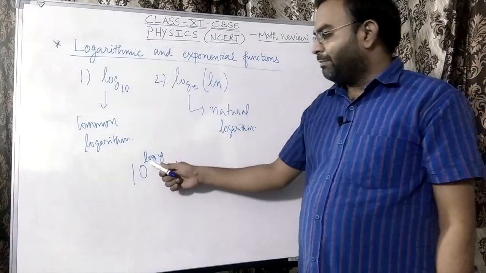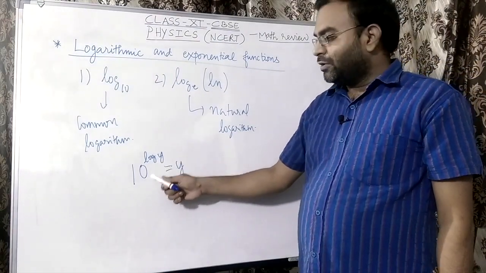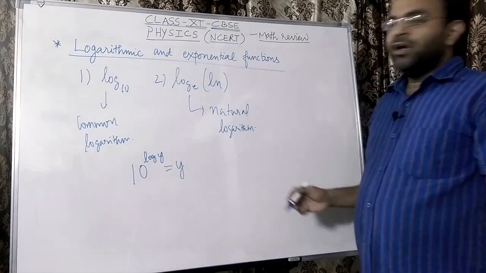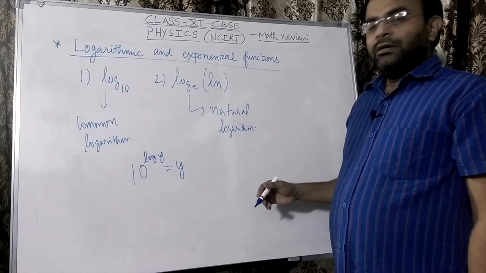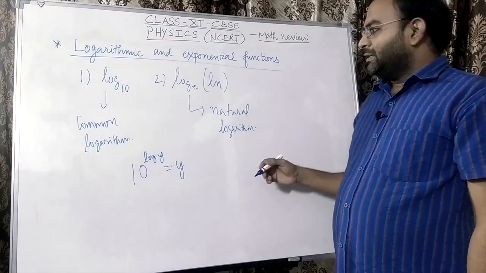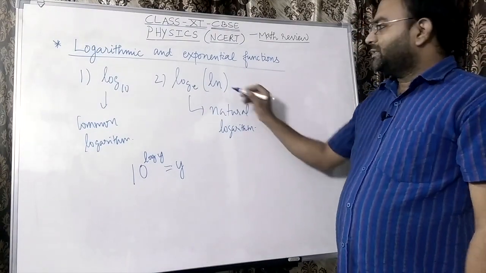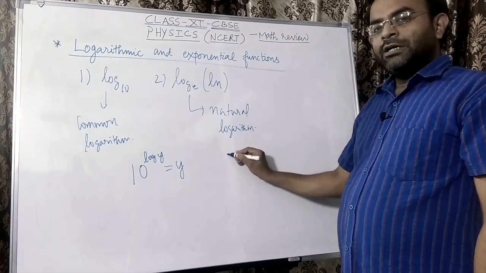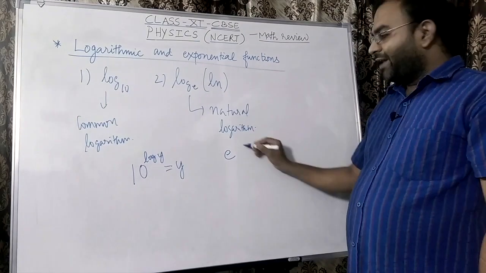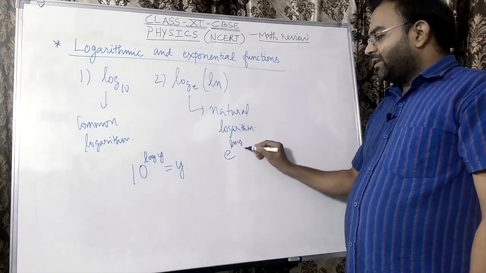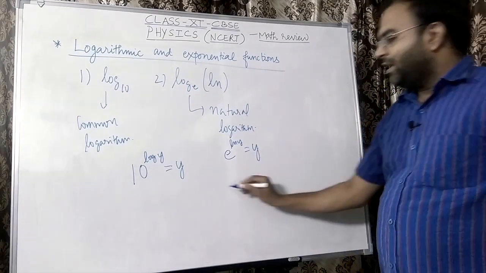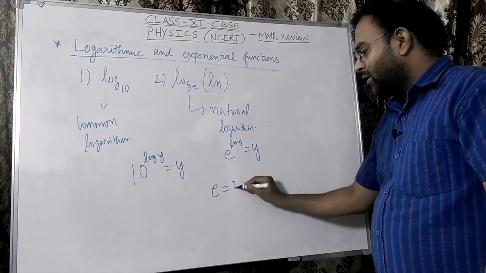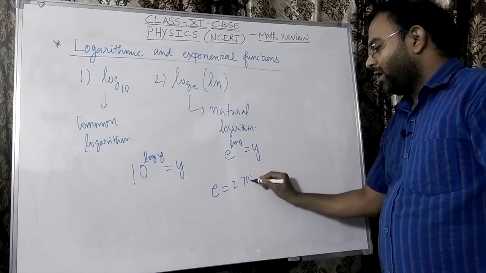In the same way, natural logarithm is defined as log to the base e, of course its symbol is ln, is defined as the power to which a constant e must be raised to arrive at the number, where e is the constant given by 2.718.